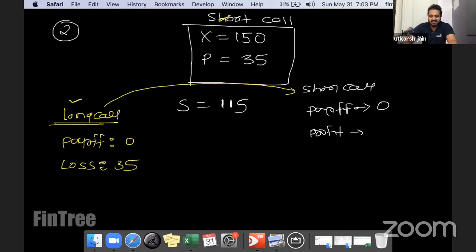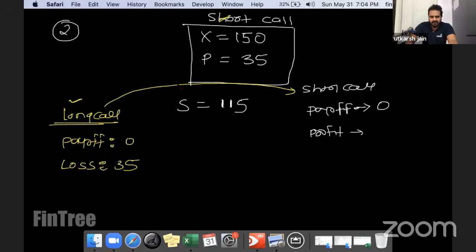Think from the long side, not from the short side, and say I have a right to buy at 150. Price in the market is 115. Will I buy? The answer is clearly no. Why would I buy something at 150 when in the market it's available at 115? So I will not exercise, and that means the option is out of the money.